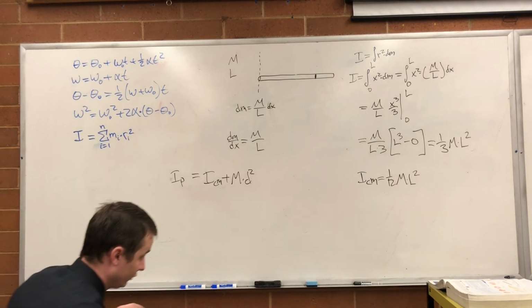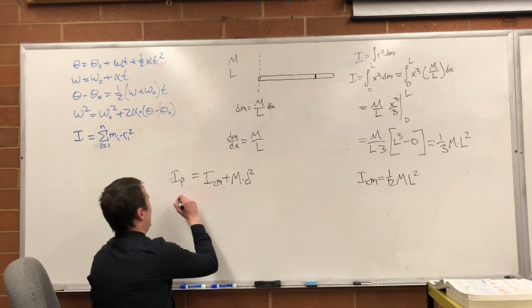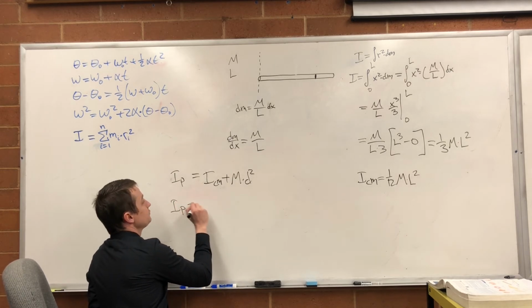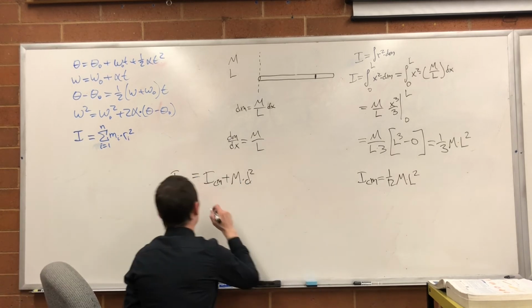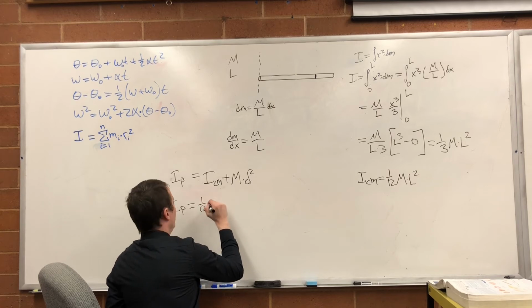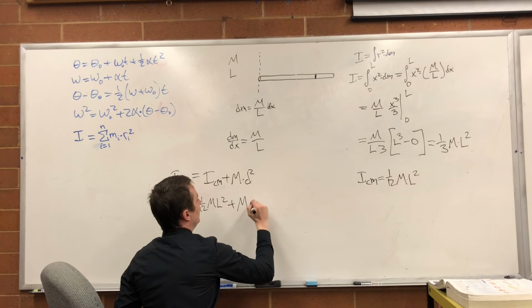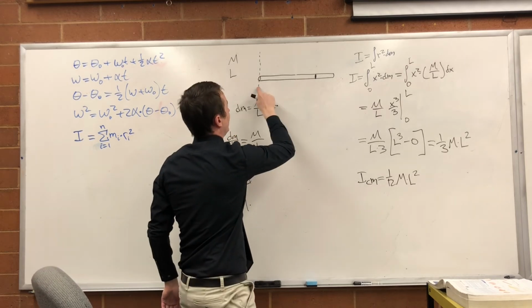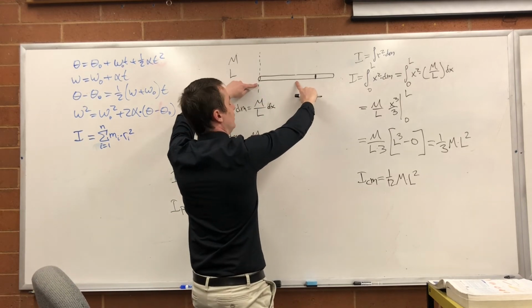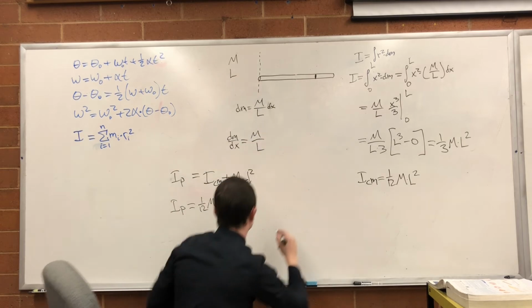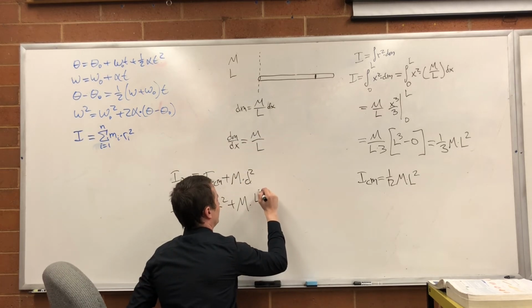The moment of inertia through P is equal to the moment of inertia through the center of mass plus the mass times the distance between these two squared. What's this distance? L over 2. L over 2, and we square it, so we get L squared over 4.